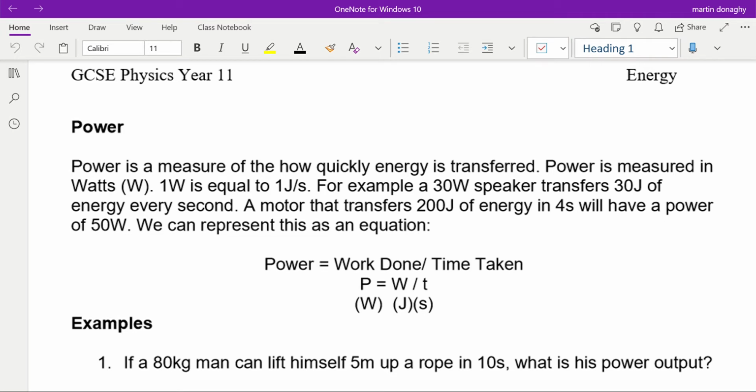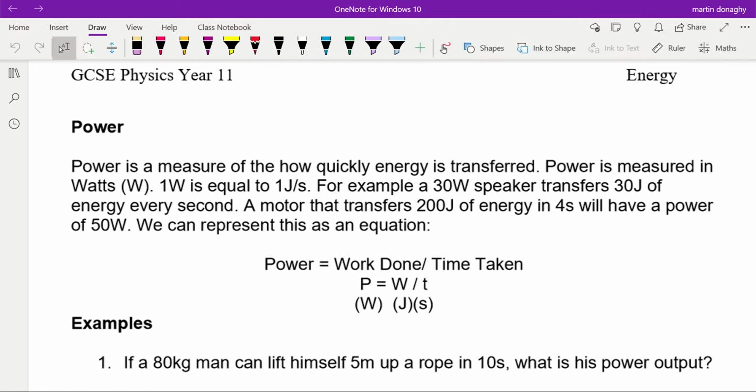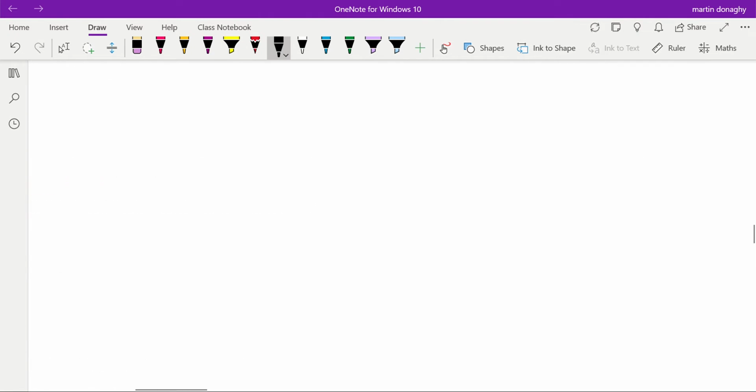So we have an example here. If you have a 30-watt speaker, and when you're buying speakers, like a Bluetooth speaker, what you should look at, amongst other things, is the power of it.